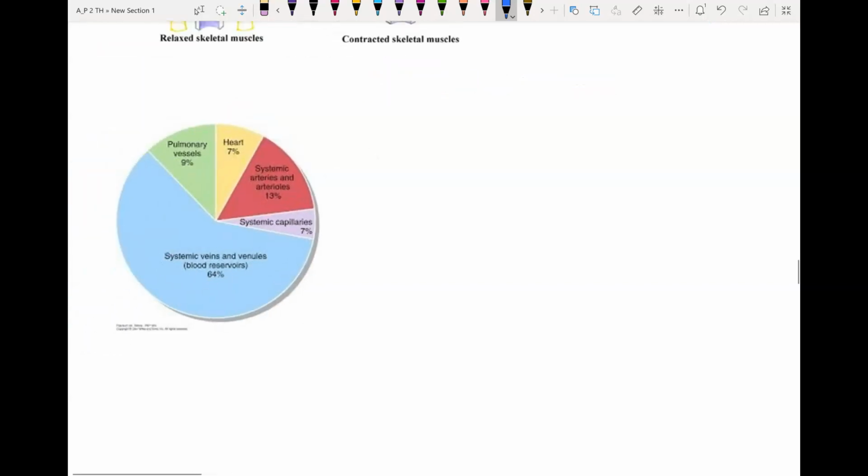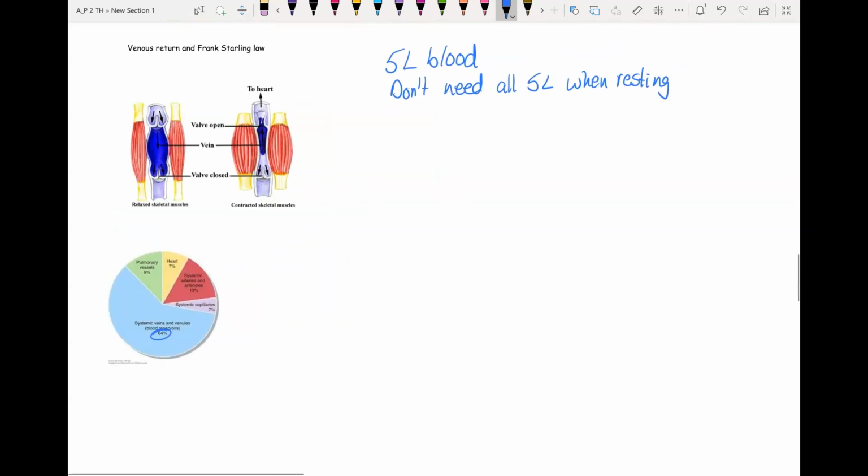And that's what this is showing. This is when you're at rest. 64% of your blood is hanging out in the veins, and this is mostly in your legs. So you kind of store that blood in your leg veins.